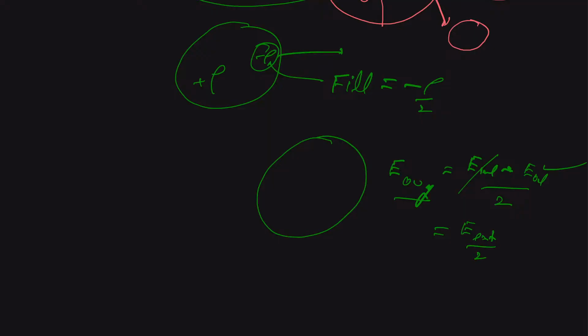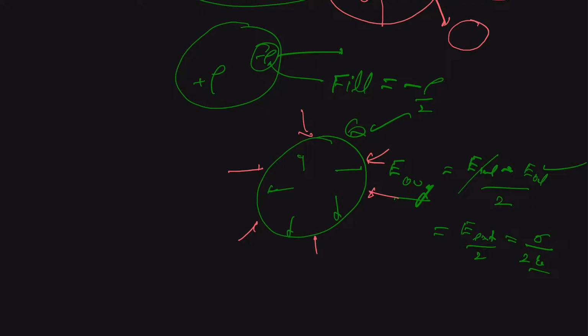The field inside is equal to 0, so the average electric field is the electric field outside divided by 2. That gives us sigma by 2 epsilon, which is our standard formula for a bubble. And because it is uniformly charged, there will be an electric pressure created because of this charge, and this electric pressure will be balanced by the surface tension.